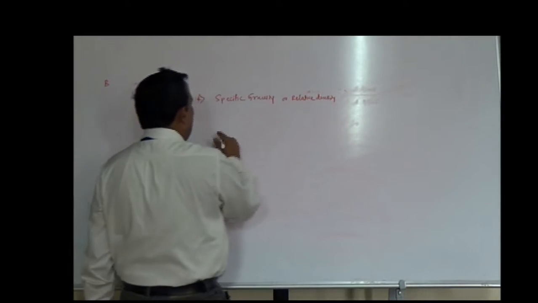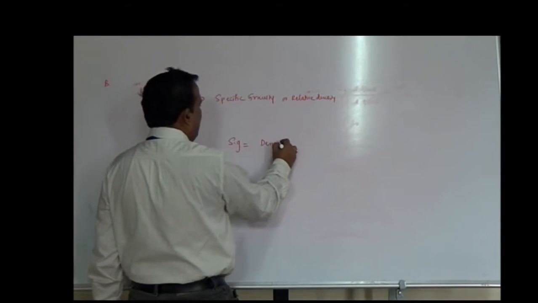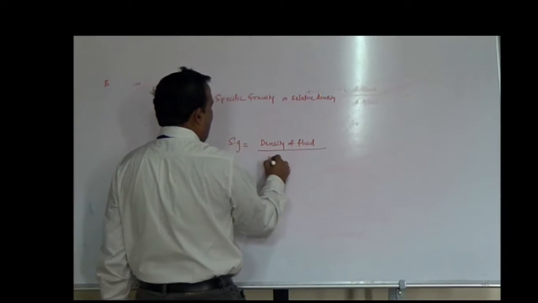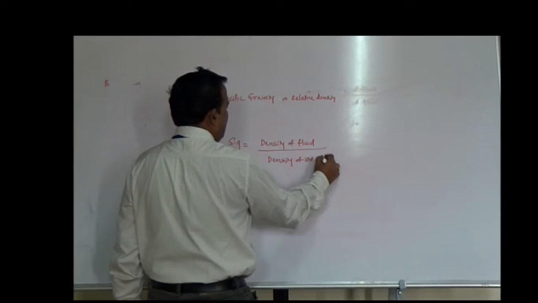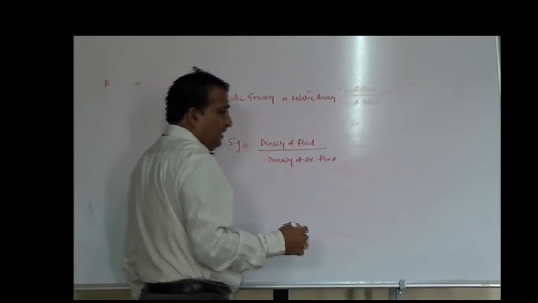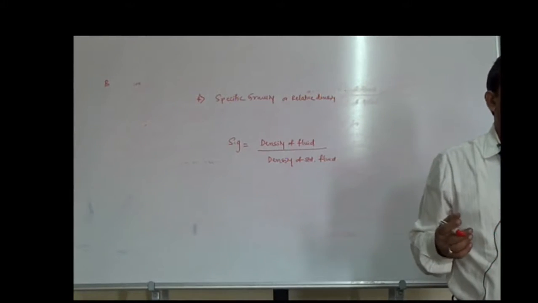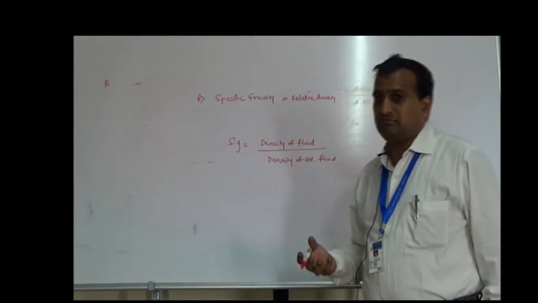The definition is like this: specific gravity is equal to density of fluid divided by density of standard fluid. It shows whether it is a lighter fluid or a heavier fluid.